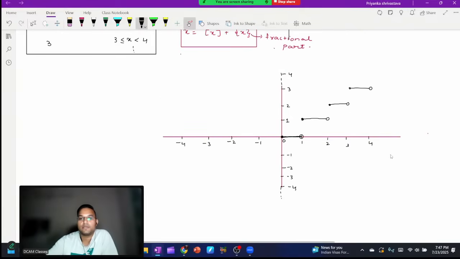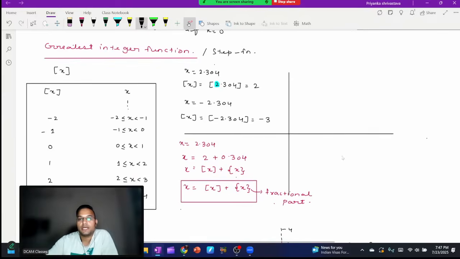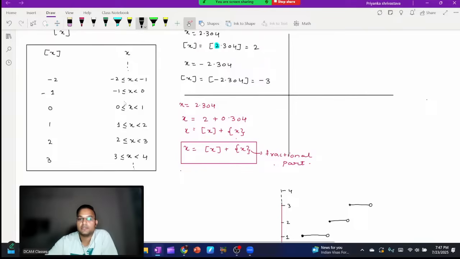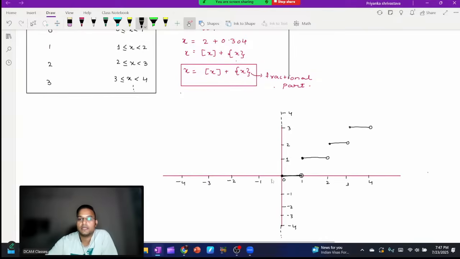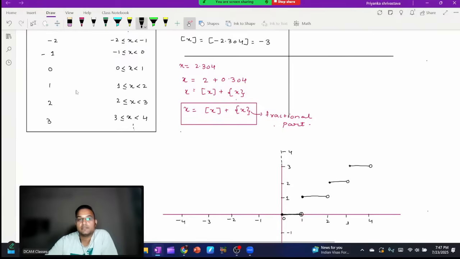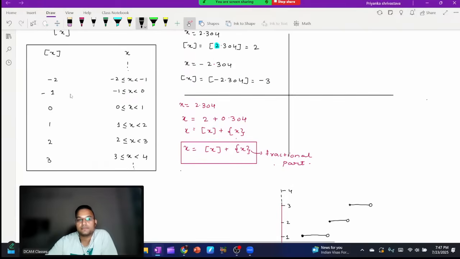Now, coming on to the negative part, next time you won't make mistakes. See, I'll explain it properly. When x is lying between -1 to 0, means -1 is included, but 0 is not included. In this range, the value of y is -1.